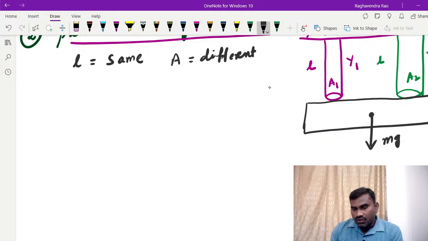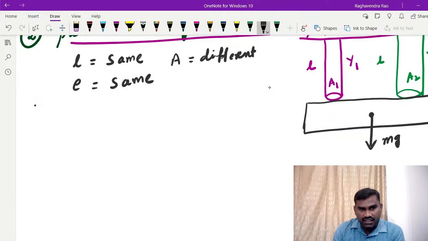Whatever stress we apply on these two wires, they combinedly oppose that weight. That means these two wires combinedly balance the weight hanging from the ends of the wires. That means stress is shared between the two wires, so elongation is the same.